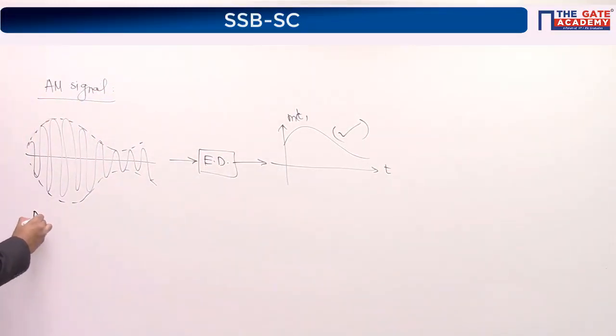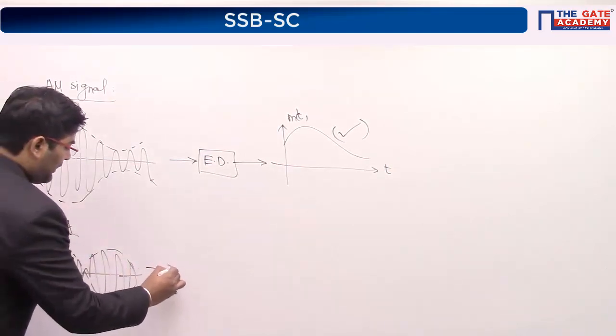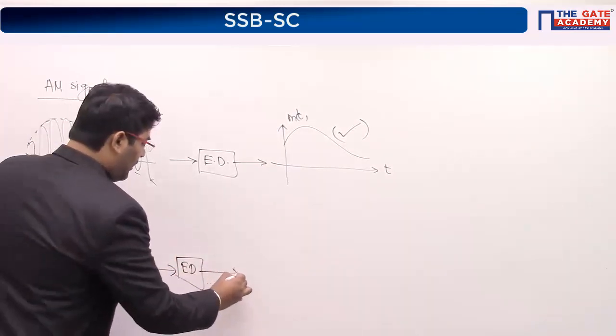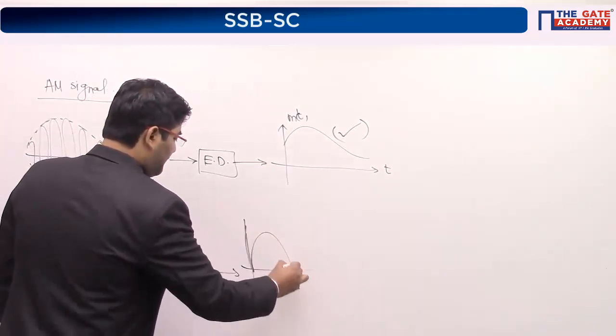Now if we take a DSB signal, which is like this, and again you give it to the envelope detector, what is the output you got? The output you got was this, if you recall.